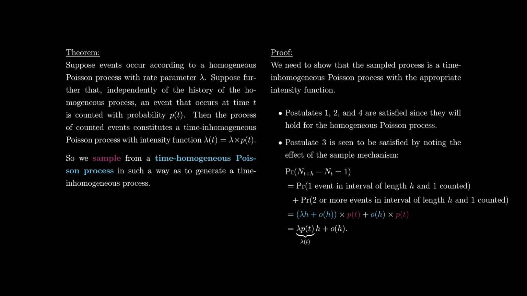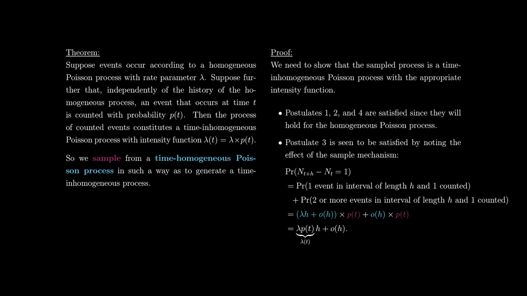Now, postulate 3 is seen to be satisfied by noting the effect of the sample mechanism on the count. So what was postulate 3 concerned with? Well, it was concerned with the probability of observing one event in an interval of length h. So let's consider that probability: the probability of observing a count in an interval running from, say, t to t plus h being 1.